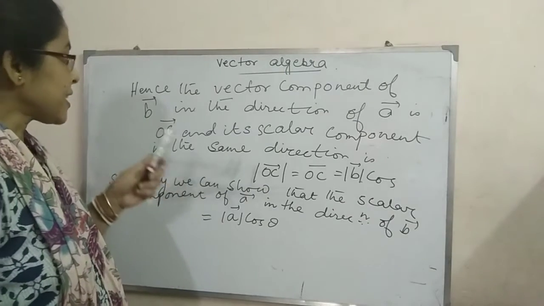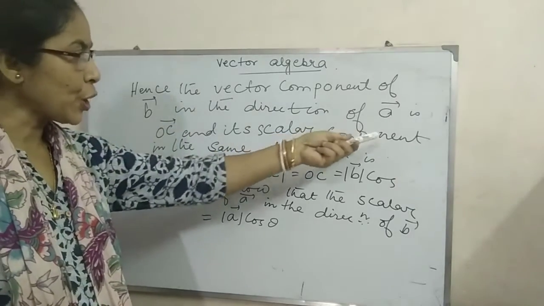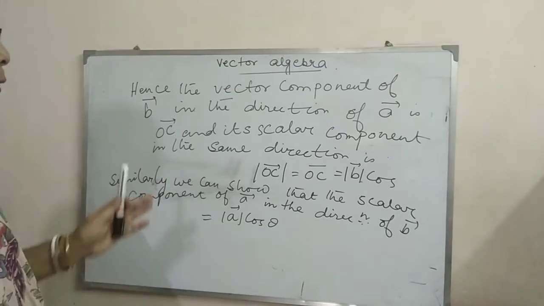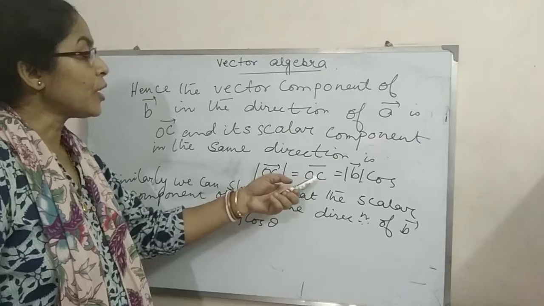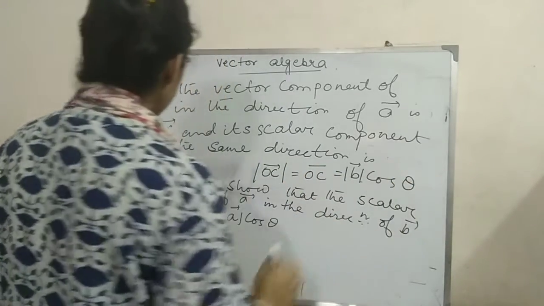Hence, the vector component of B in the direction of A is OC, and its scalar component in the same direction is OC, that is modulus B cos theta.